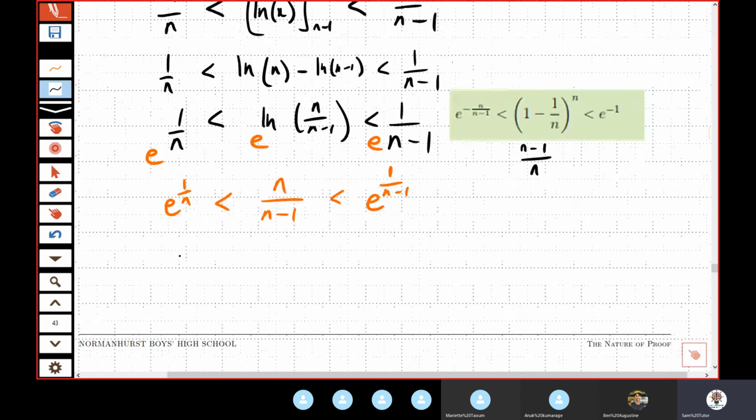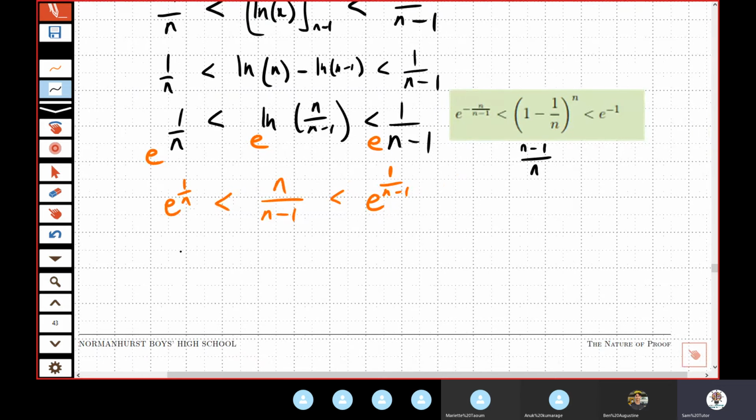Now, technically, if I'd made this into a reciprocal, I just want to show you guys, you get this, which is an index law. It can come back on top as negative 1 on n. In other words, it becomes e to the negative 1 on n.